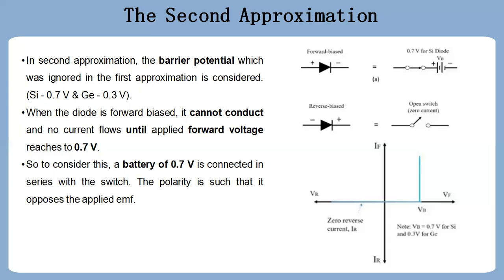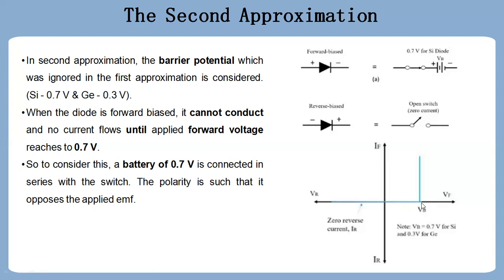Now, whenever we connect our diode in reverse bias condition, it will act as an open switch and we won't get any output. This is the VI characteristics of the second approximation. Here you can see that in forward bias, till the input voltage reaches 0.7 we won't get any output.